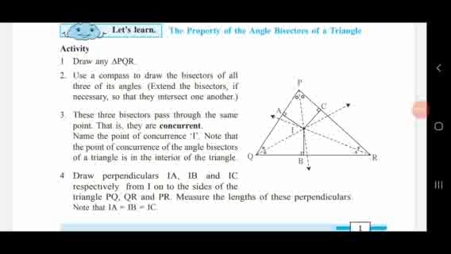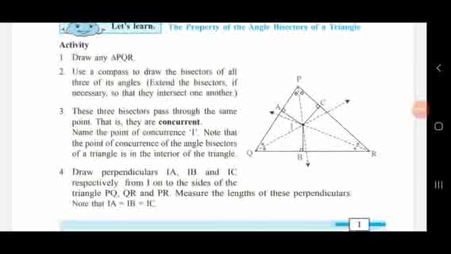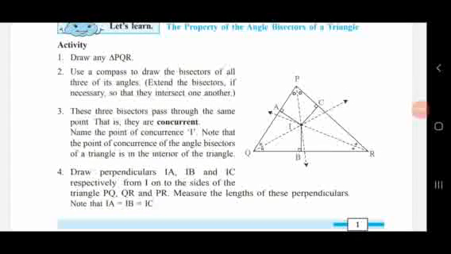Then use a compass to draw bisector of all three angles of that triangle. These three bisectors pass through the same point, and that point is nothing but point of concurrence.